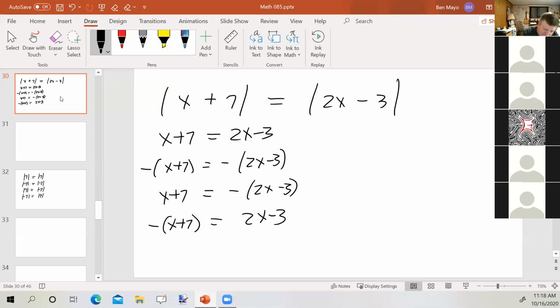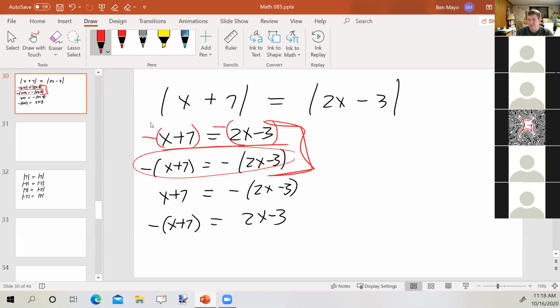But look closely. These 2 cases are actually the same equation. If we take this first equation and multiply both sides by -1, don't we get this second equation? Yes. Isn't this just negative times what's inside, negative times what's inside?